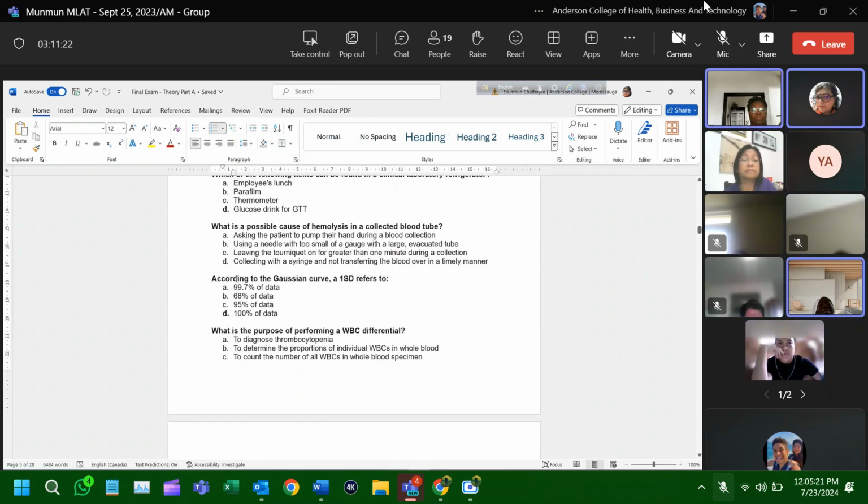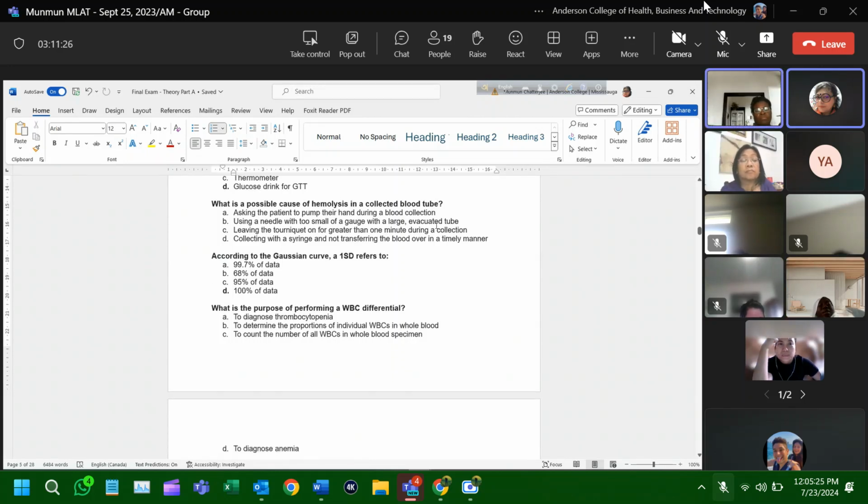What is the possible cause of hemolysis in a collected blood tube? Using a needle that is too small. C, using a needle with too small of a gauge. It can lyse the blood cells.